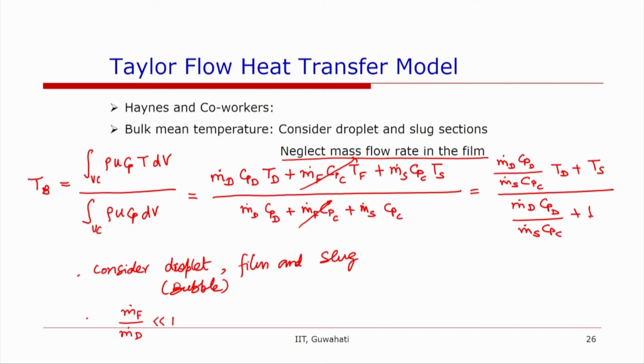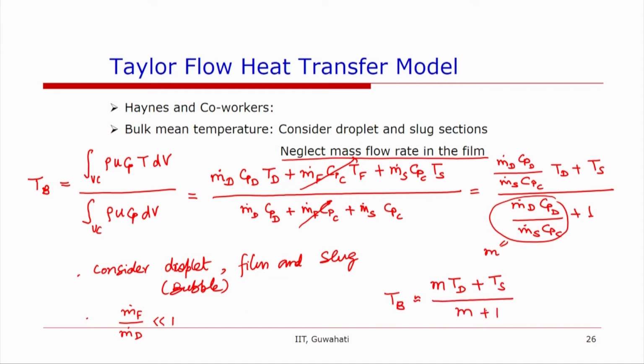Now, this is approximately equal to m. Why approximately? Because we have neglected the mass of the film in both the cases for the continuous phase. So, this Tb is m Td plus Ts over m plus 1.